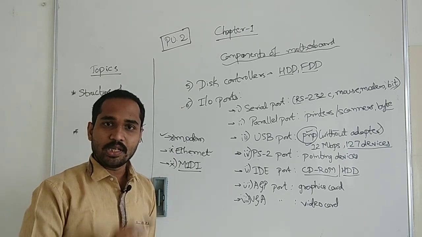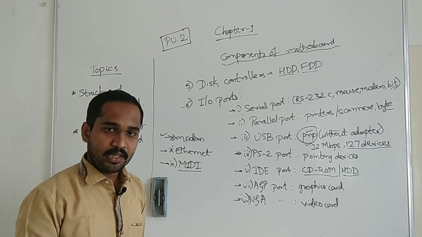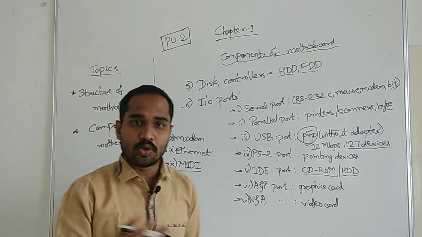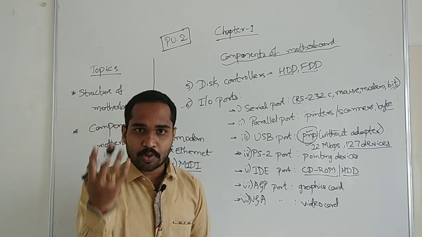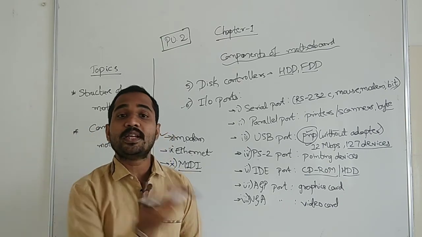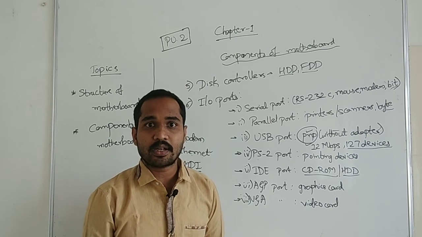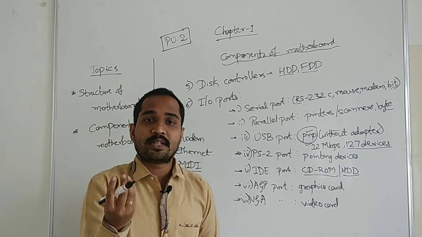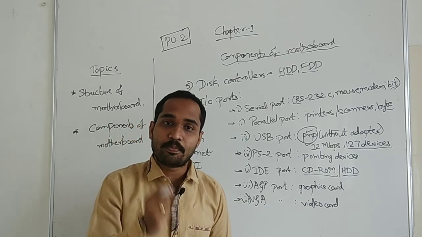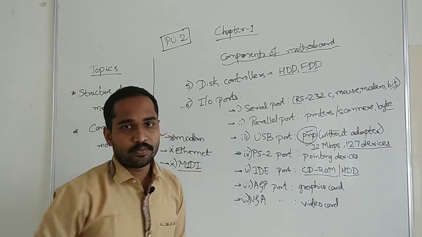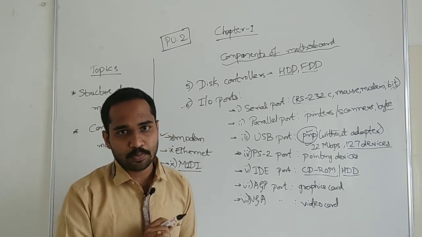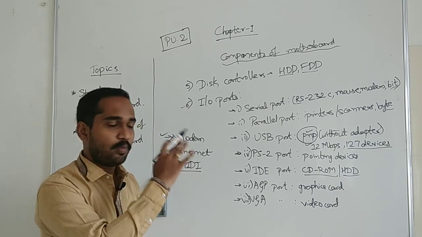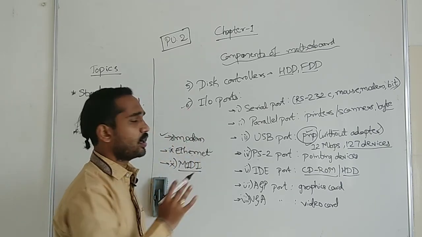Musical Instrument Digital Interface means when you go to the recording studios and all, your computer or your processor will be connected to many musical instrument interfaces, isn't it? Now those all musical instrument interfaces have to be connected to a port called as MIDI port. This is the MIDI. I hope all the ports are clear.